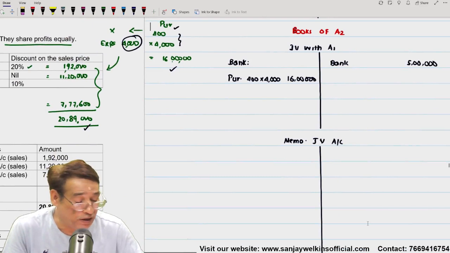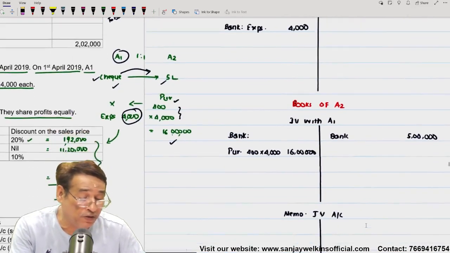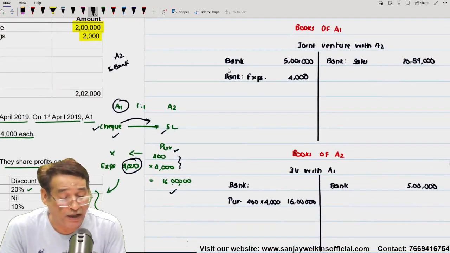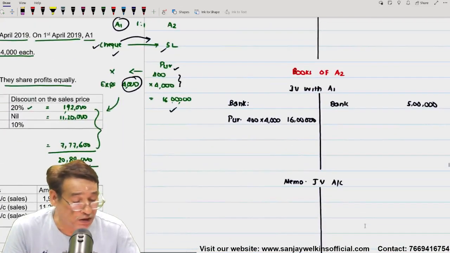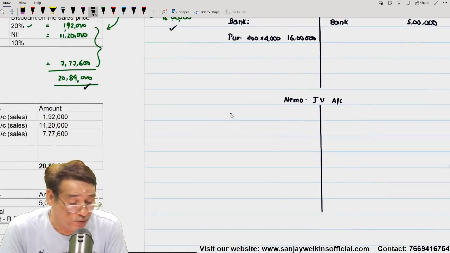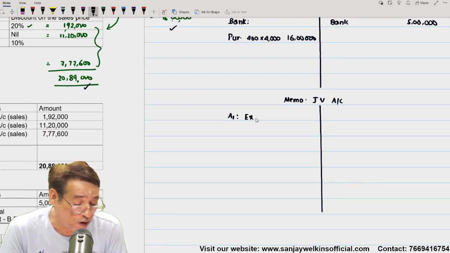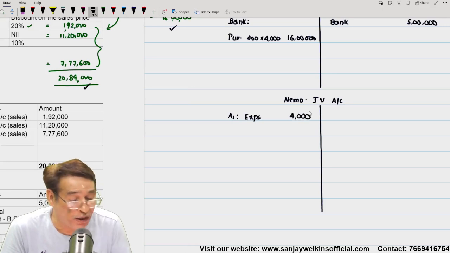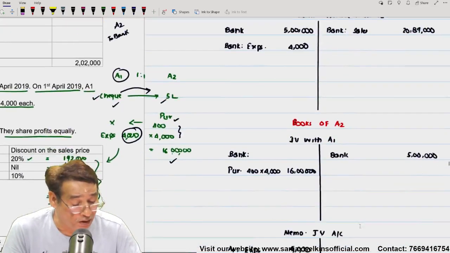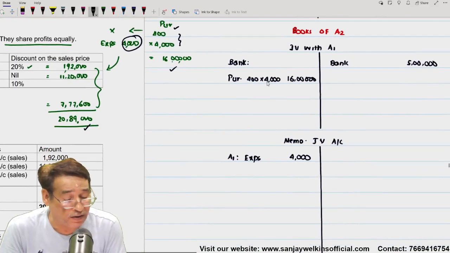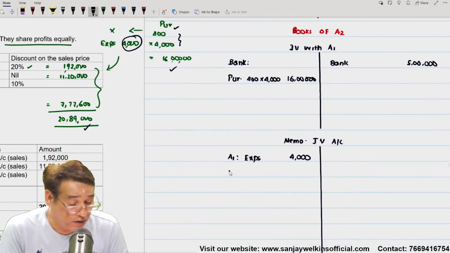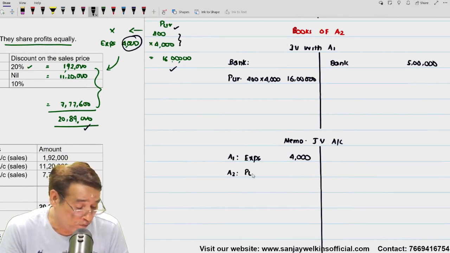Now, as far as memorandum joint venture is concerned, the bank transaction incurred by A will not find place, but expenses will find place. To A1, expenses, 4,000. I will write 4,000, correct? Then we have got, in this case, A2. I will write here to A2, purchases.